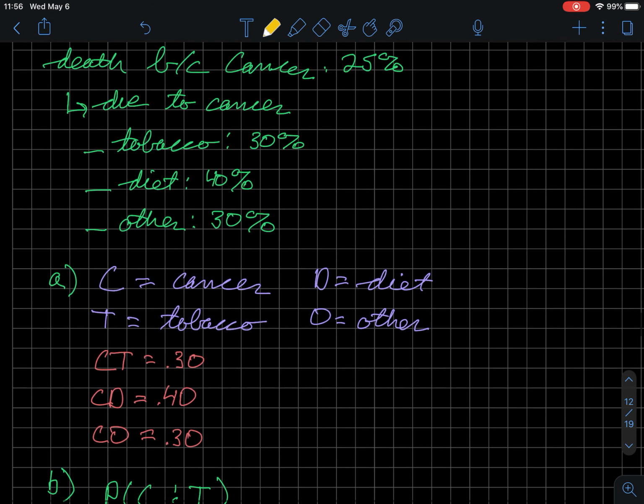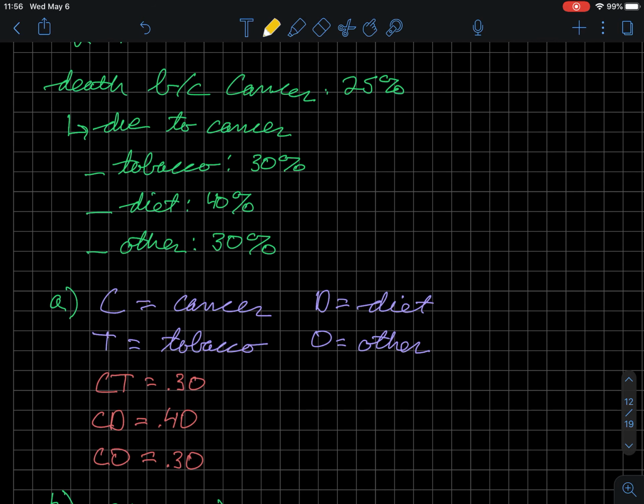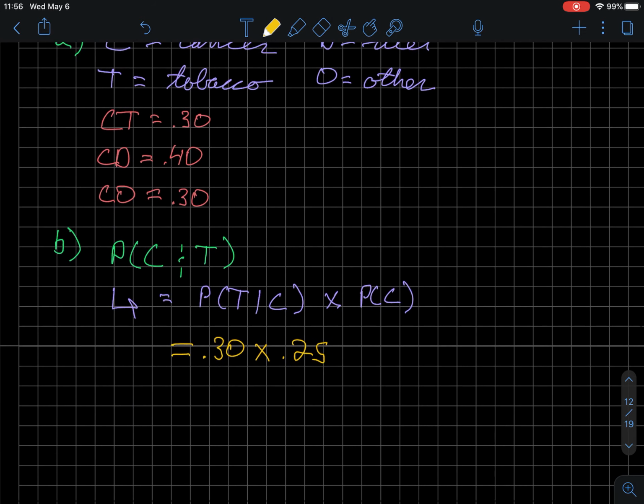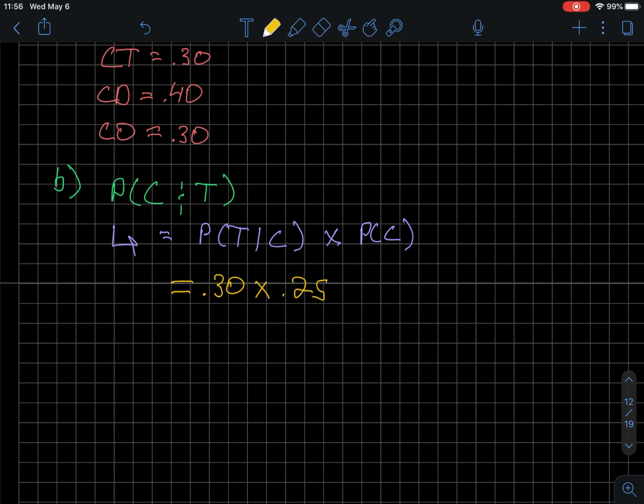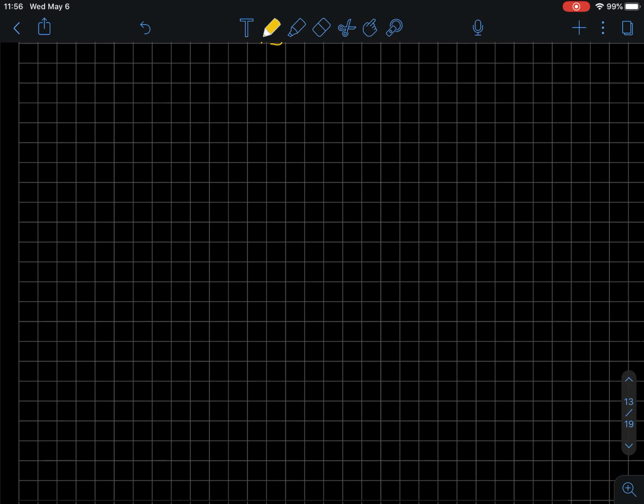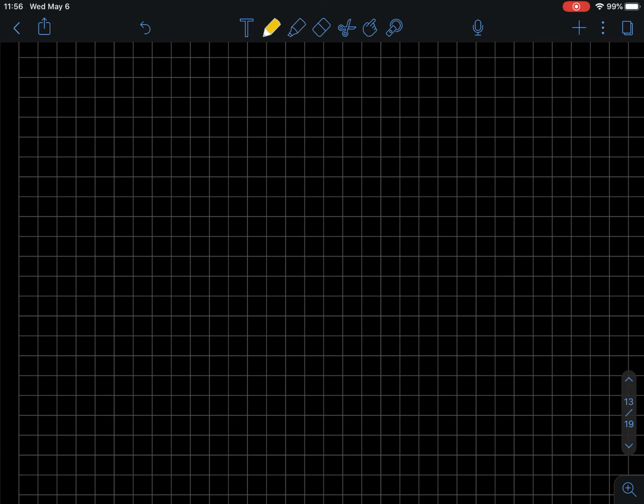I got this information from right here at the start of the question. And we would ultimately find that the probability of having cancer and it being a tobacco-related death is 0.075.